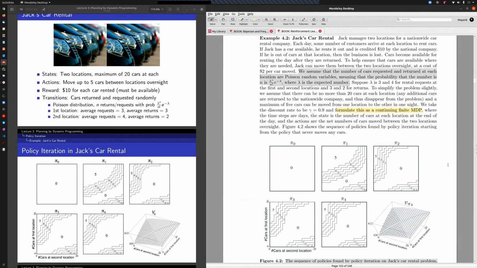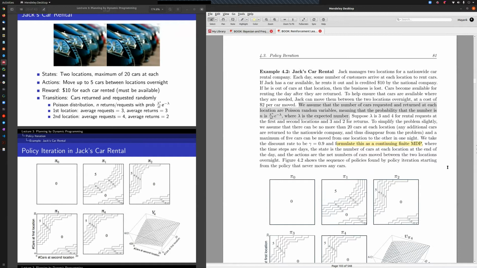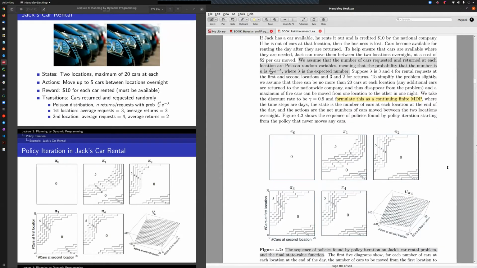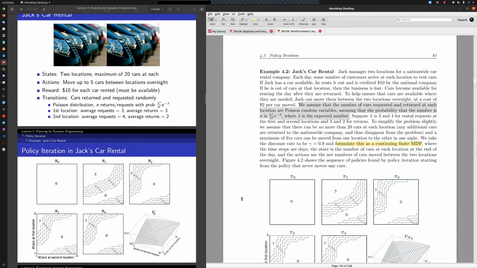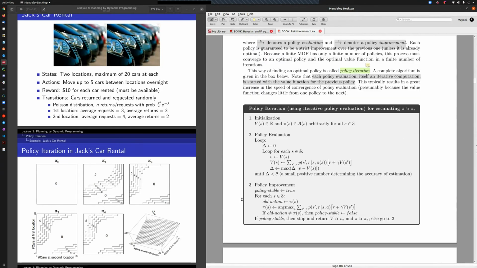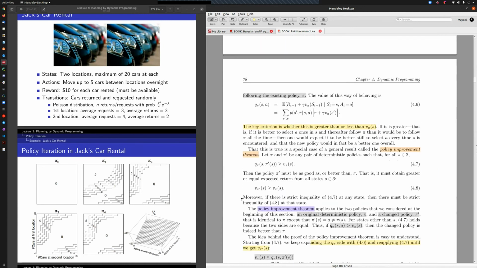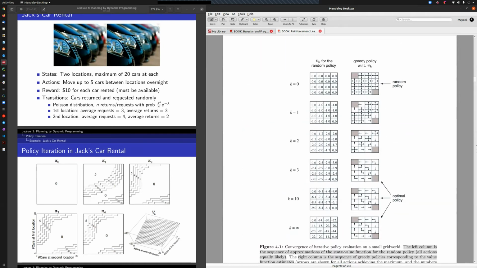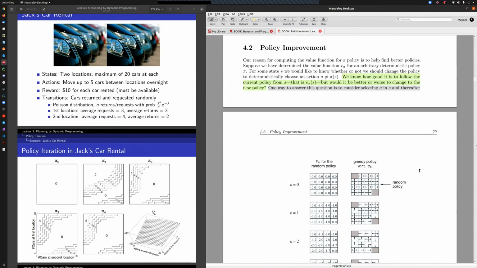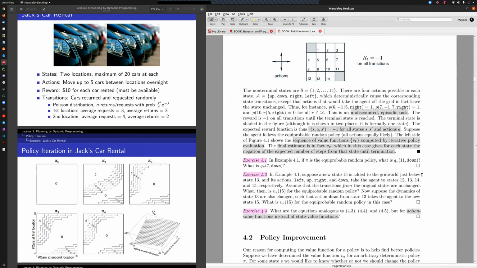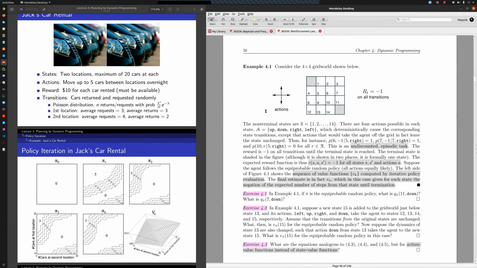Okay, so we looked at this problem and I discussed this. Now, do you guys have any queries over this diagram? The policy improvement, or the example 4.1. Any comments here?